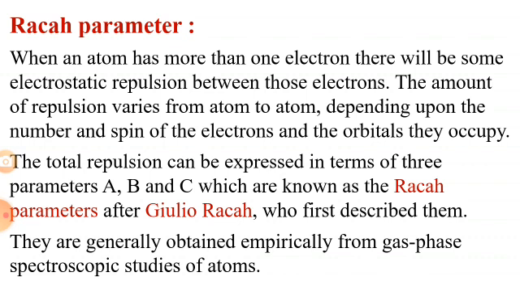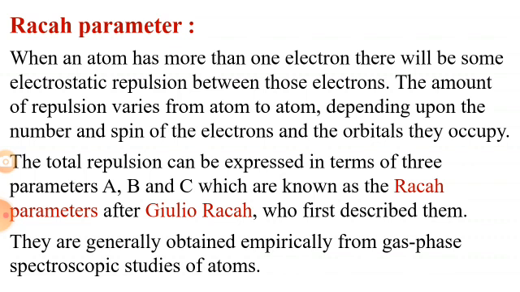There are electrons present in the d orbital of the metal, and it has a particular electronic repulsion. Let us consider that this repulsion value is 1.